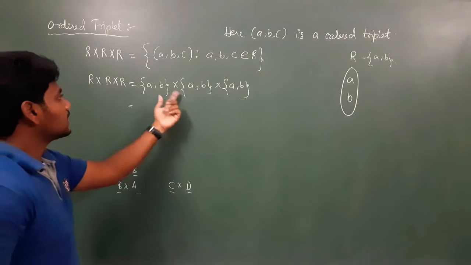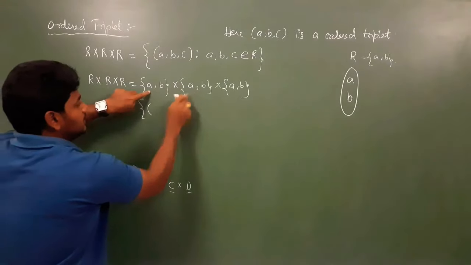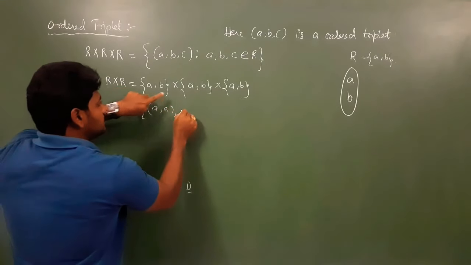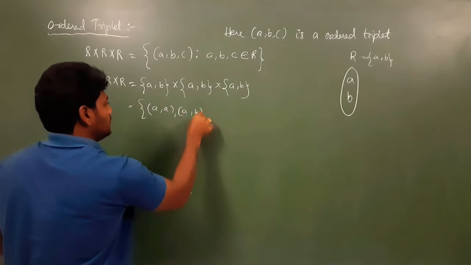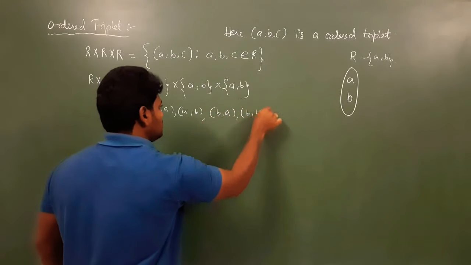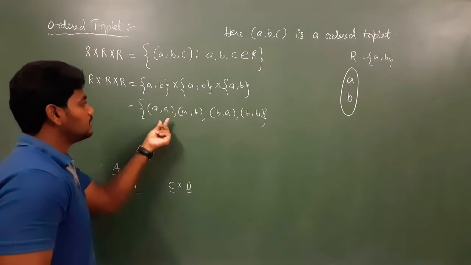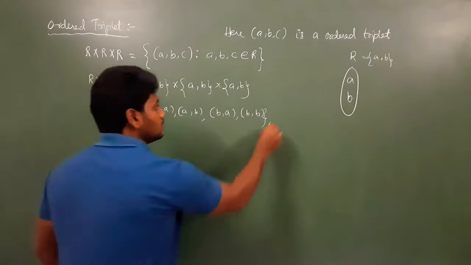First we will do the Cartesian product for these two sets. That is (A, A), next (A, B), next with B, (B, A), (B, B). Right? So we got 4 elements in the Cartesian product.